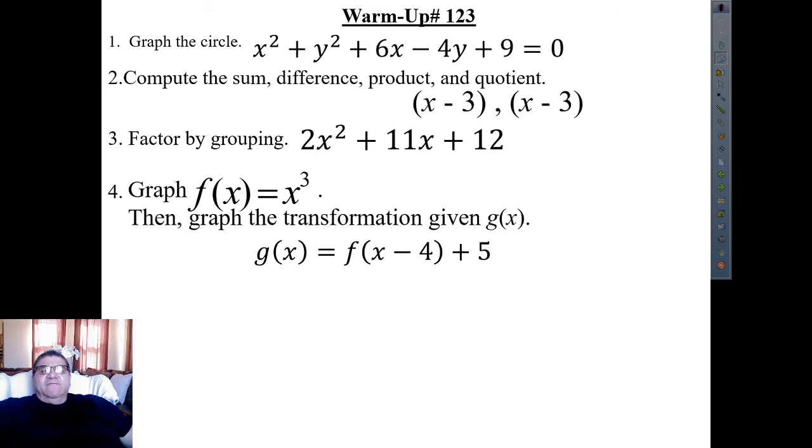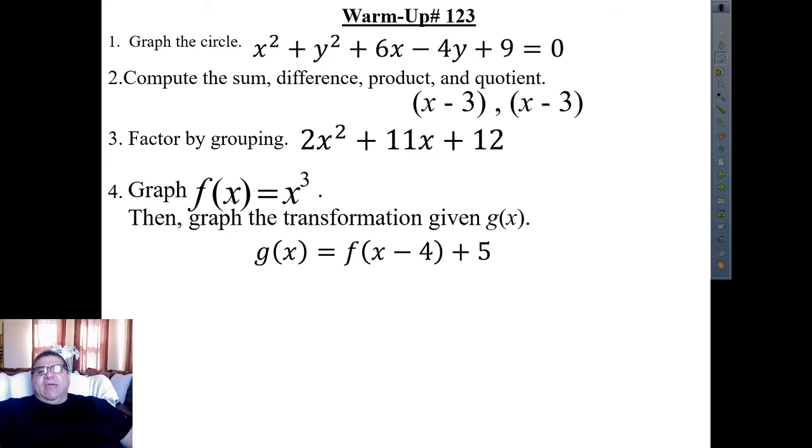Number 3, factor by grouping: 2x squared plus 11x plus 12. And number 4, graph f of x equals x cubed, then graph the transformation given by g of x, where g of x equals f of (x minus 4) plus 5. All right, that's warm up 123.